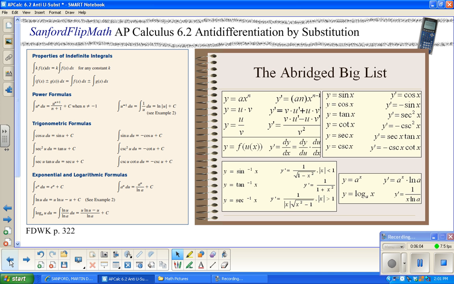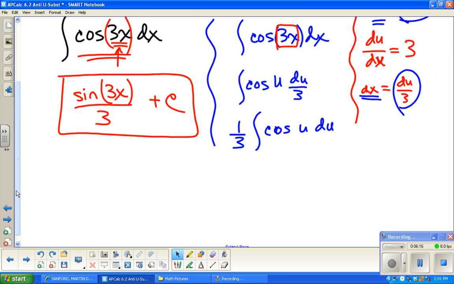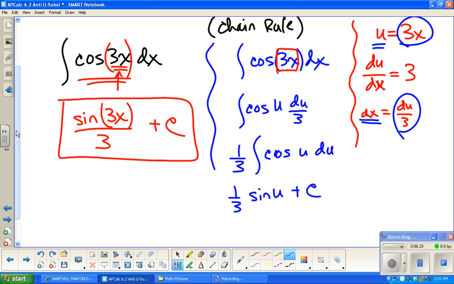The antiderivative of cosine of u is just sine of u plus c, or you could think of it as what did I take the derivative of? I must have taken the derivative of sine, so this is going to be 1/3 times sine plus c.